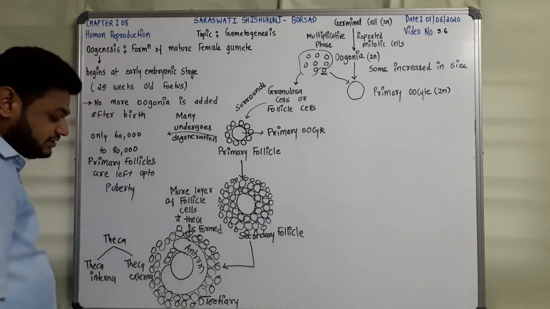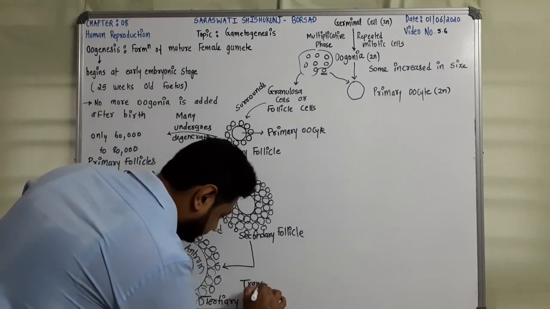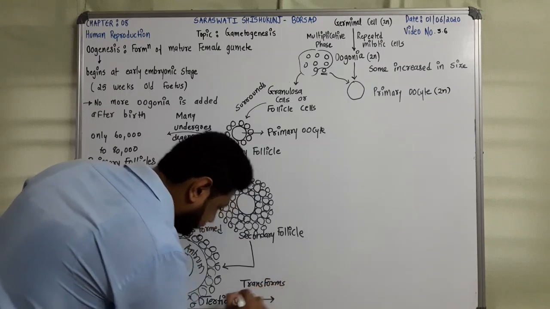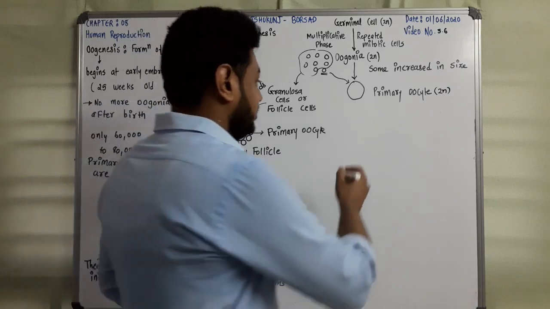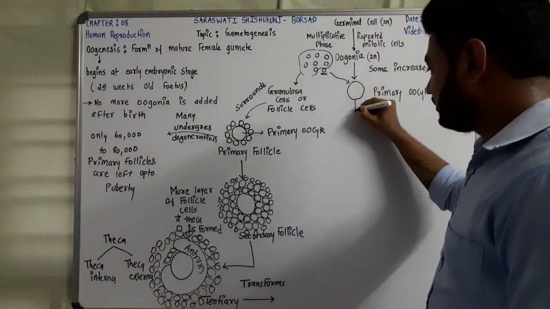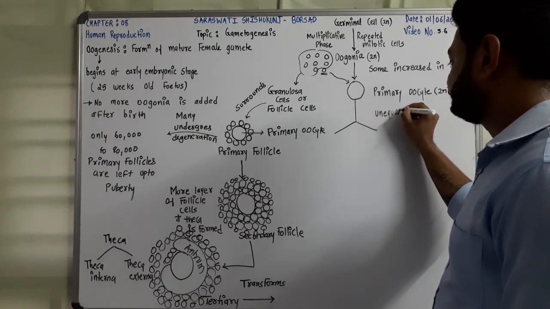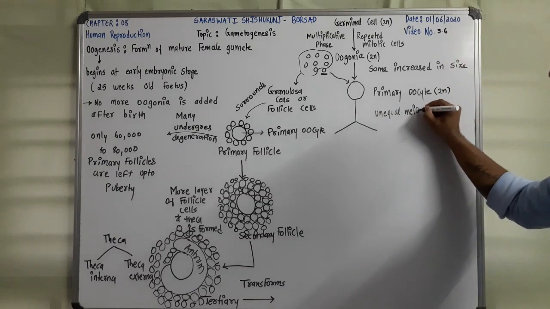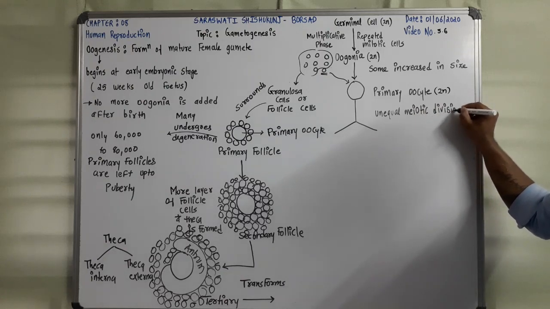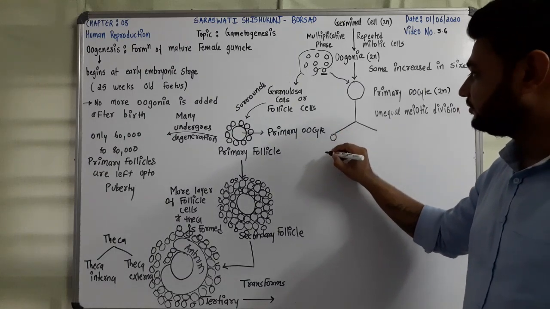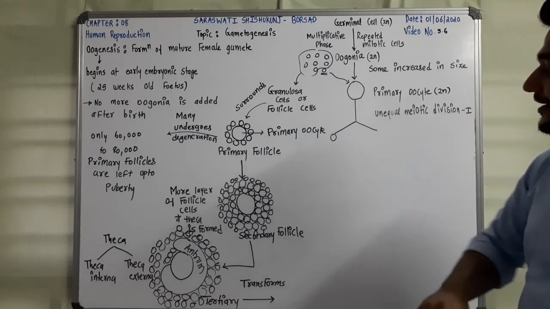Then this tertiary follicle matures or transforms. See, at the tertiary follicle, now this primary oocyte undergoes unequal meiotic division to form two unequal cells. One small, from meiotic division 1, which means the chromosome number gets halved.